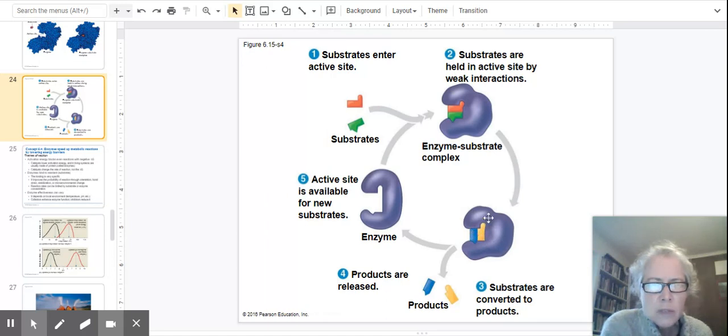The point is, once products are made, they fall away from the enzyme. The enzyme is released and can be reused, which is to say that as long as there's enzyme present that is not occupied doing reactions, it can be reused over and over. So as long as enzyme is around and there is substrate around, the reaction will occur in living systems.